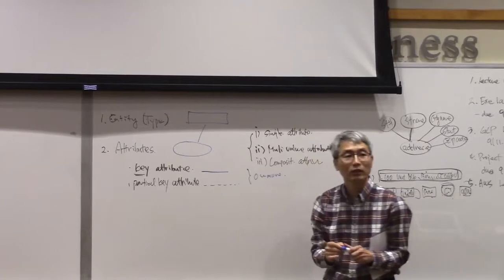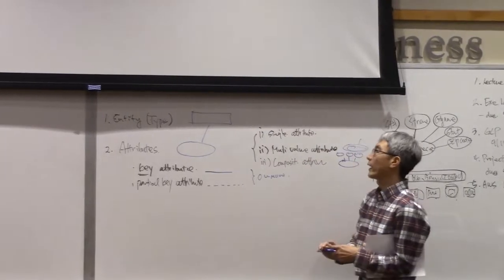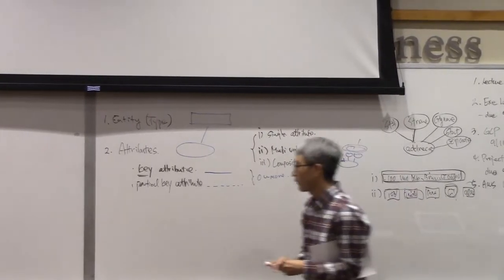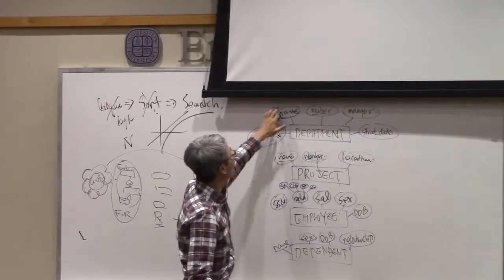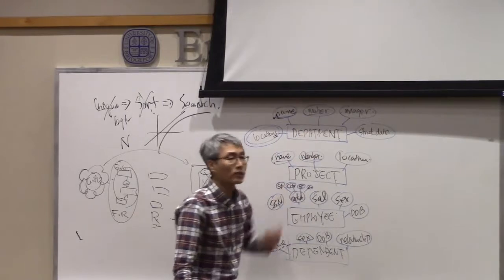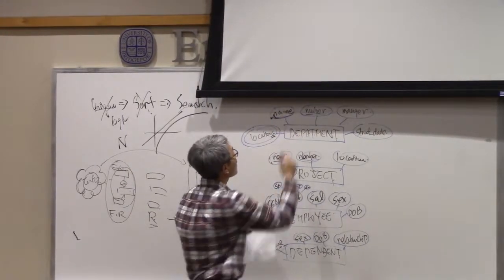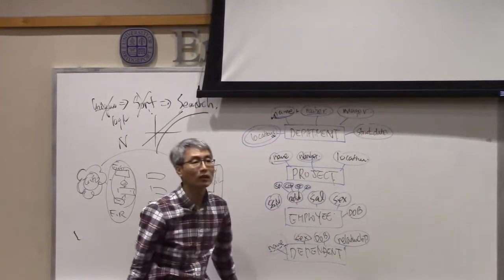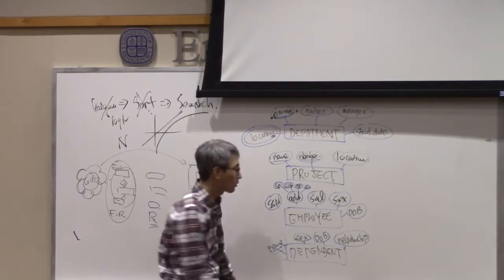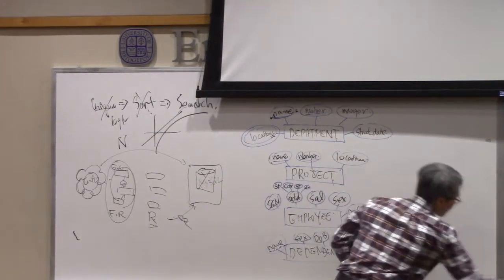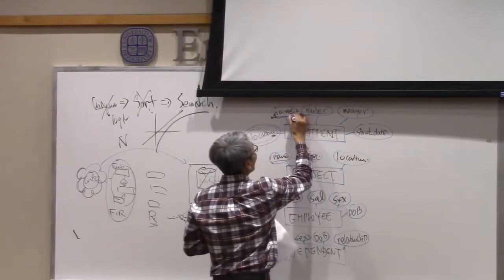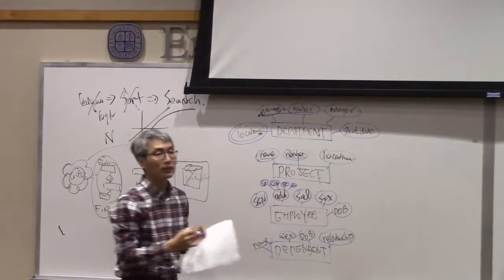One more thing regarding the key attribute. What if name is not unique, number is not unique, but name plus number is unique? Is it possible? Yes, it's also possible. You will see a lot of such cases. At that time you can connect like this.